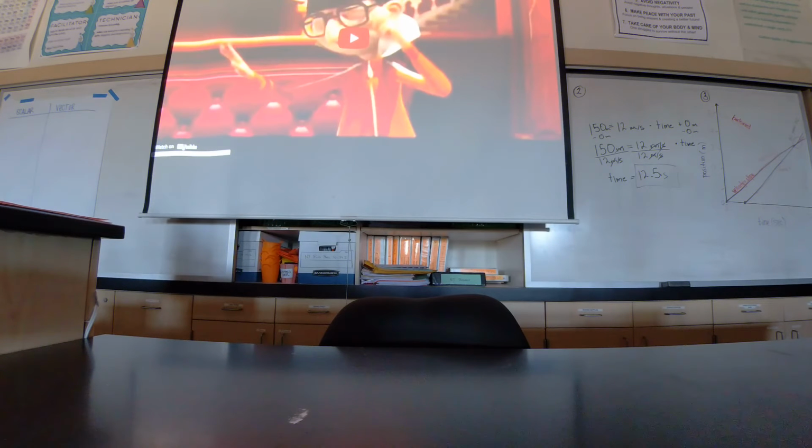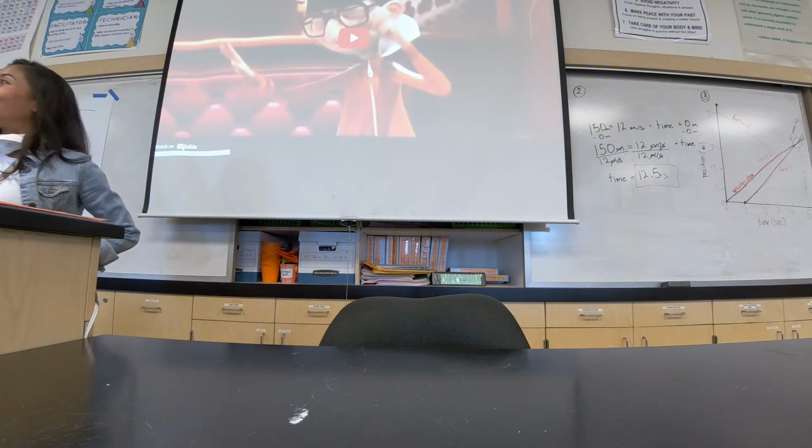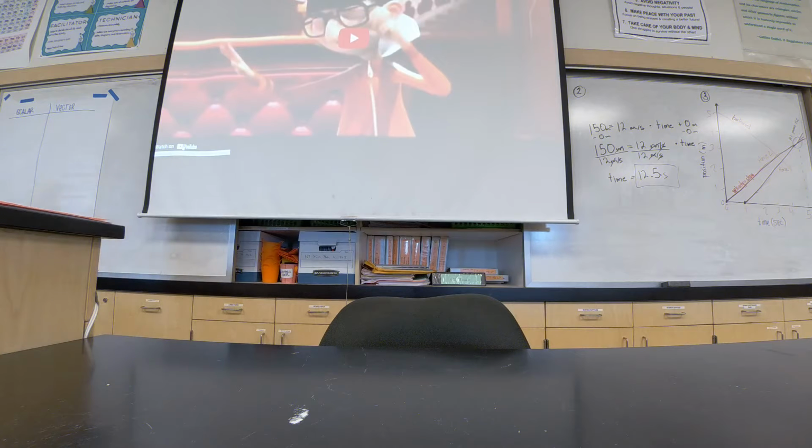All right, so we've got a vector, which is direction and magnitude. Who can tell me what magnitude means? Oh, come on. Magnitude? Speed is a type of magnitude. What does magnitude represent?